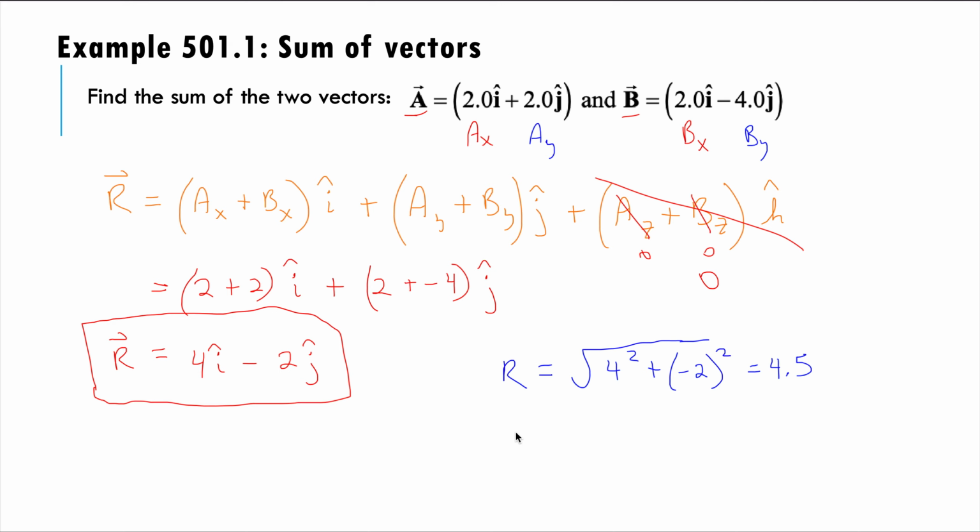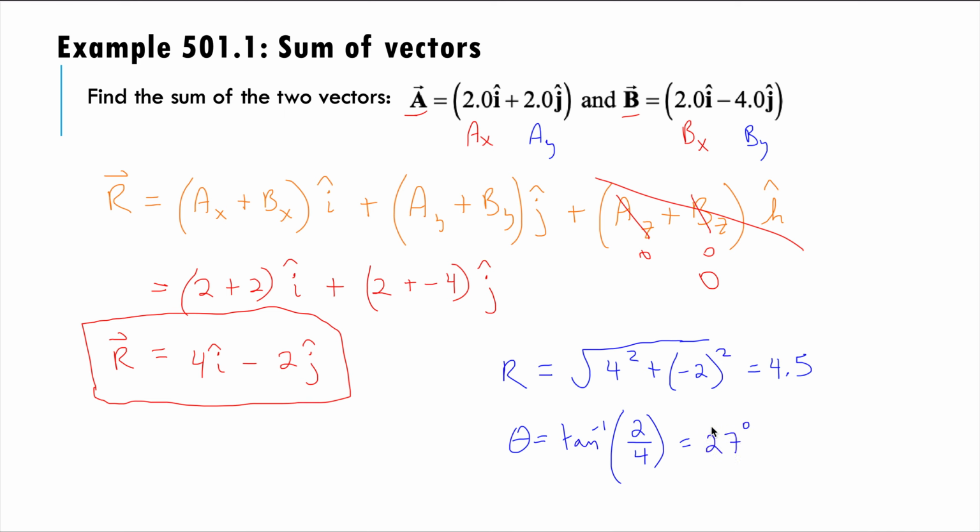And if we wanted to find the direction of the vector, theta, we would do the inverse tan of y over x. For ry, I like to use a positive number 2, and then rx is 4. And the calculator will give us approximately 27 degrees.